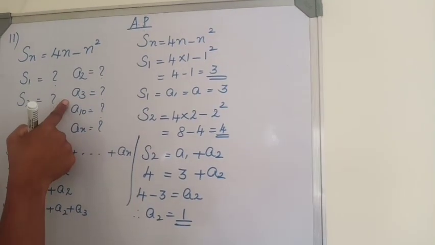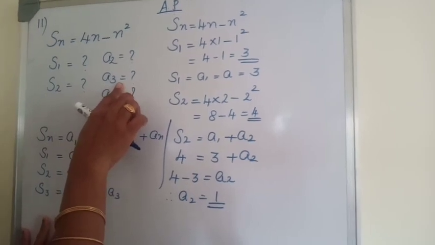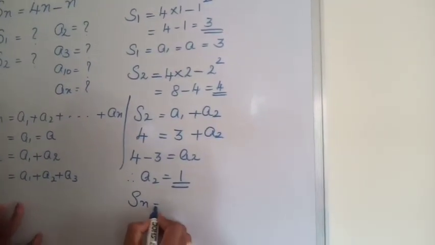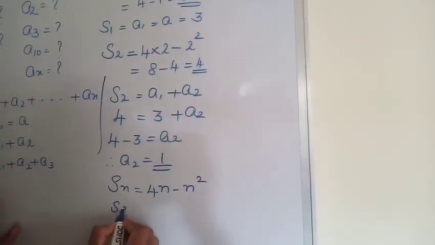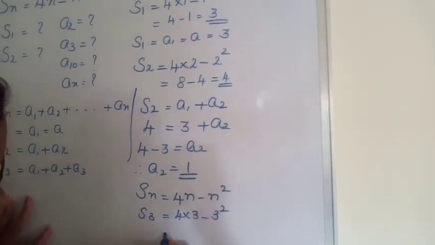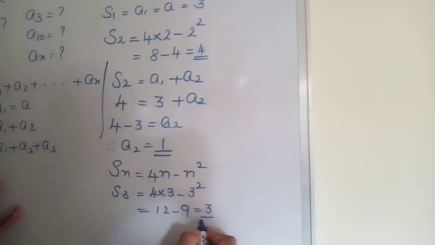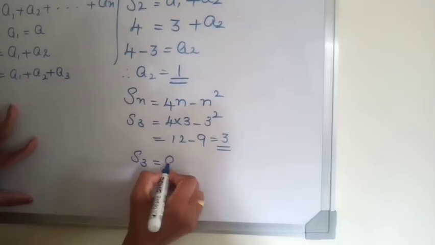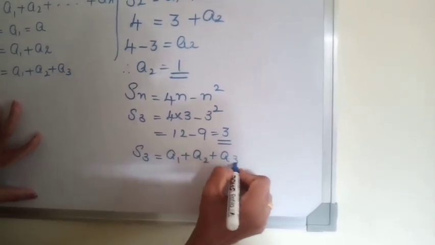Now, we want to find out A3. For that, first we will find out S3. Once again, Sn is equal to 4n minus n square. S3 is equal to 4 into 3 minus 3 square. It is 12 minus 9, 3. So, S3 is 3. S3 is nothing but sum of first three terms, A1 plus A2 plus A3.